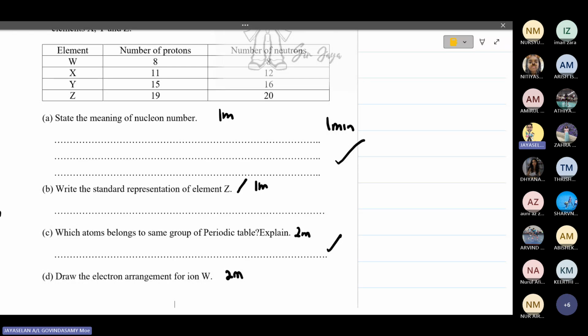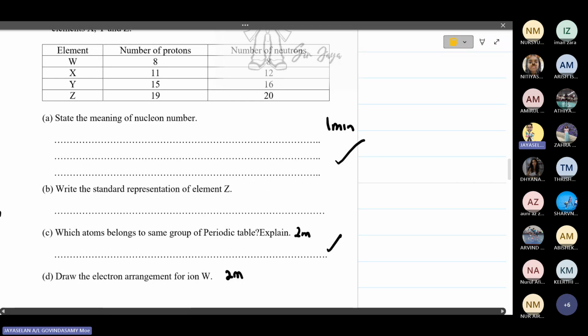Okay, siapa dah siap, angkat tangan. Amirul, you already done or not? Abhishek? Auni? Syada? Katie? Diana? Okay, we discuss together.